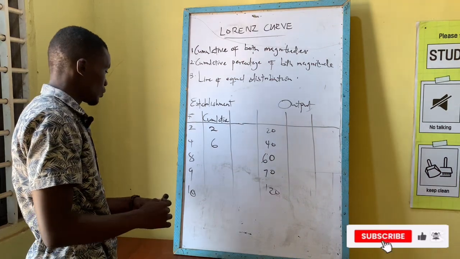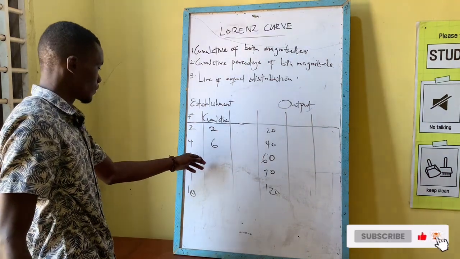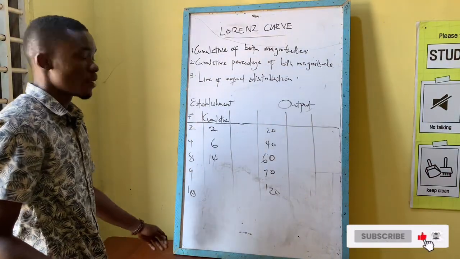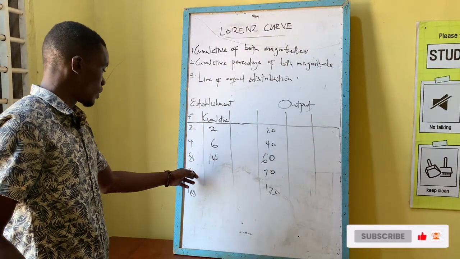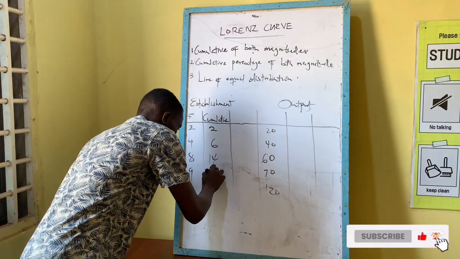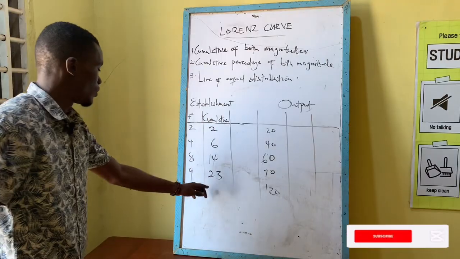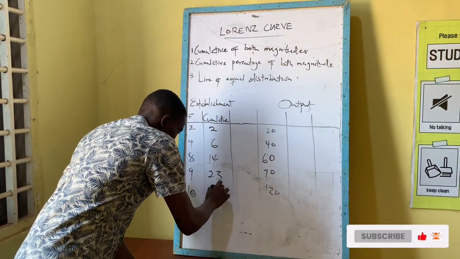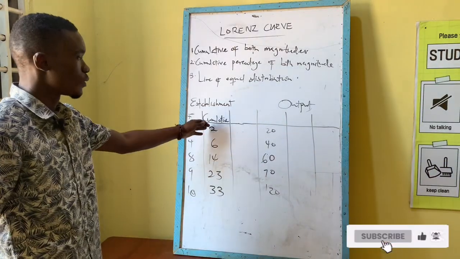Then you add your 8 to your 6, which gives you 14. Then you add 14 to 9, which gives you 23. Then you add 23 to 10, which gives 33. So this is the cumulative.